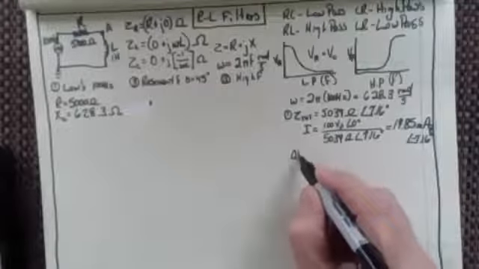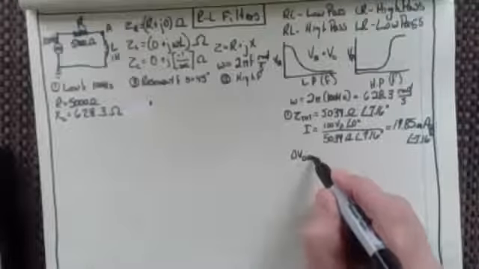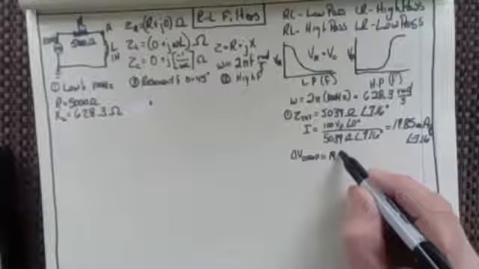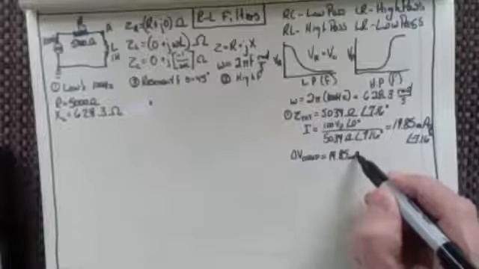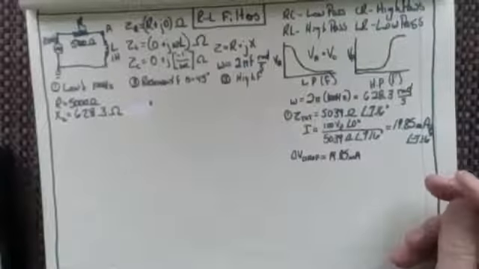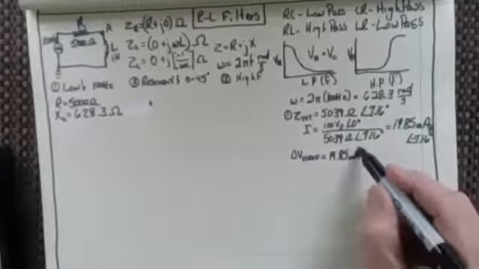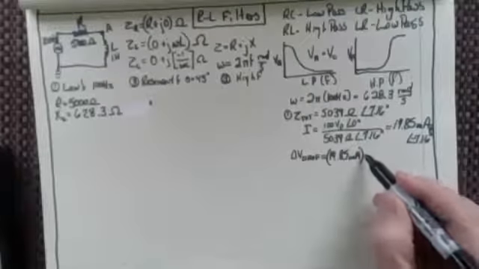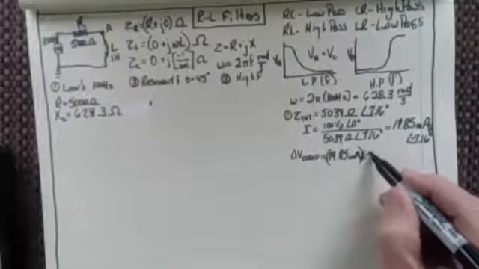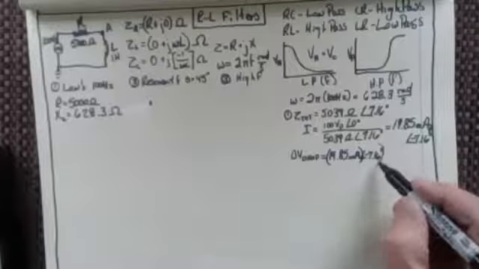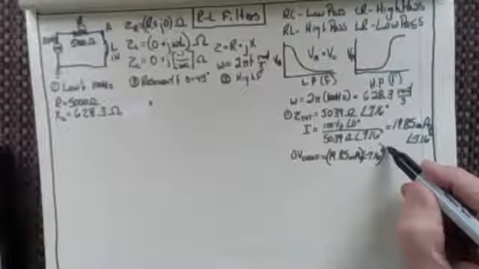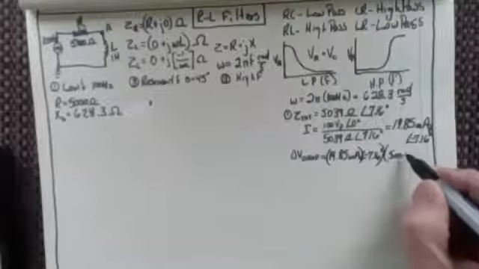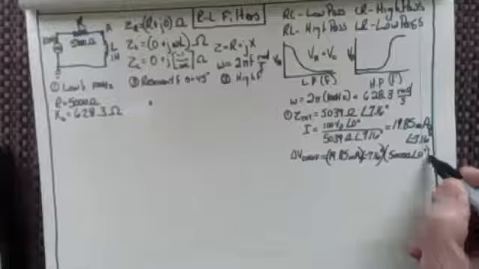If that's our current, what's the voltage drop across the resistor? It's the current, 19.85 times 10 to the minus 3 at minus 7.16 degrees. Don't work in milliamps, always work in your primary units. I forgot to put the minus 7.16 degrees here. Then that's times the resistance of the resistor, 5,000 ohms at an angle of 0 degrees.